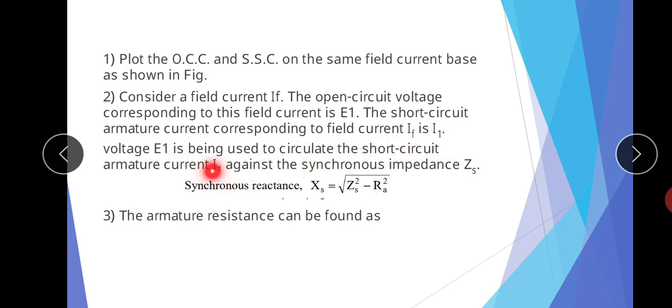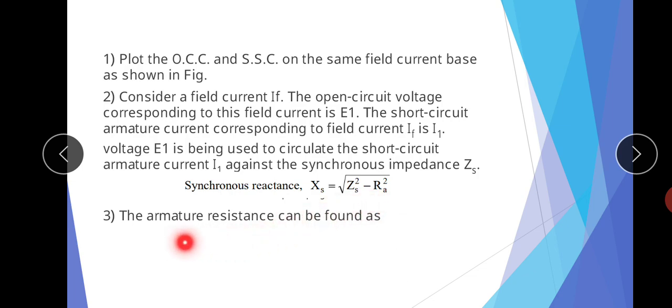Voltage E1 is being used to circulate the short circuit armature current I1 against the synchronous impedance ZS. As we know, synchronous reactance is equal to the square root of ZS square minus RA square.